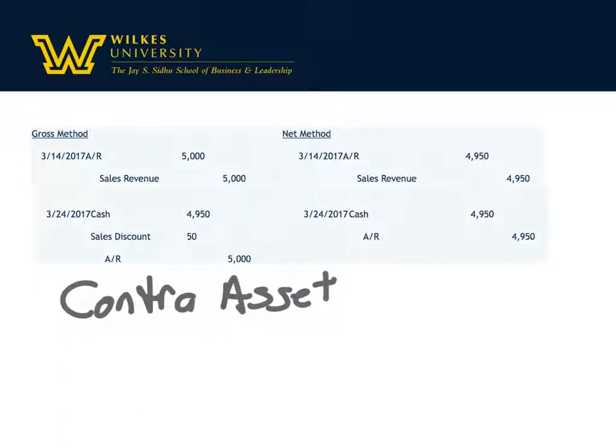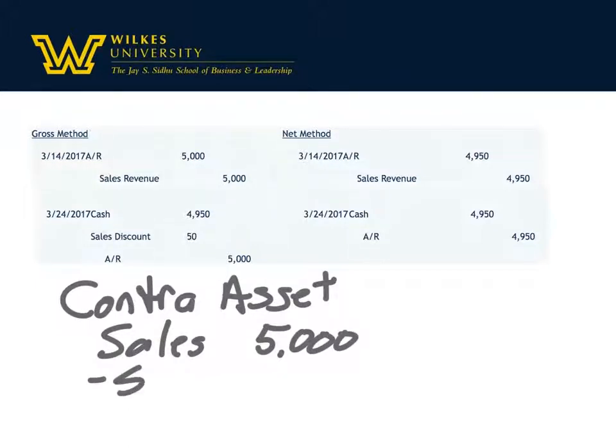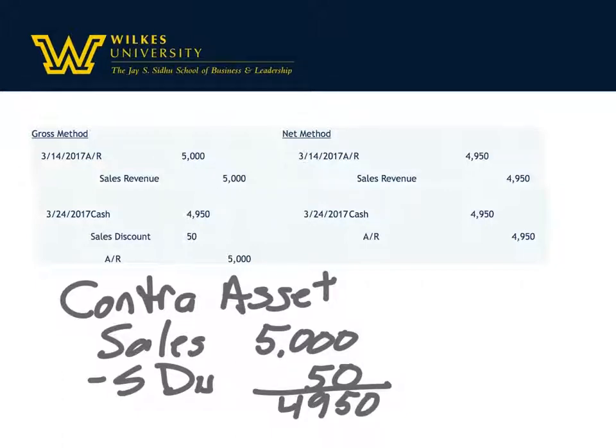So instead of having a debit balance, it has a credit balance. And it offsets the related account. So what you end up with is sales of $5,000 minus your sales discount of $50, and your net is $4,950.